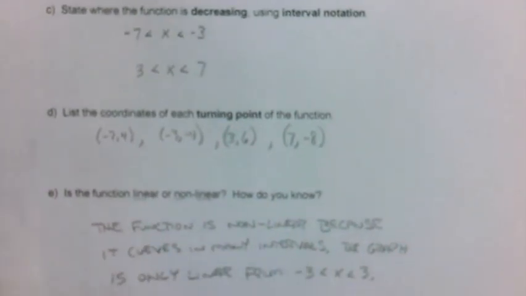The graph is only linear from the interval between -3 and +3. All right, between -3 and +3, those are the input values where the function was linear. But as a whole, this function is nonlinear because it curves in many different intervals.